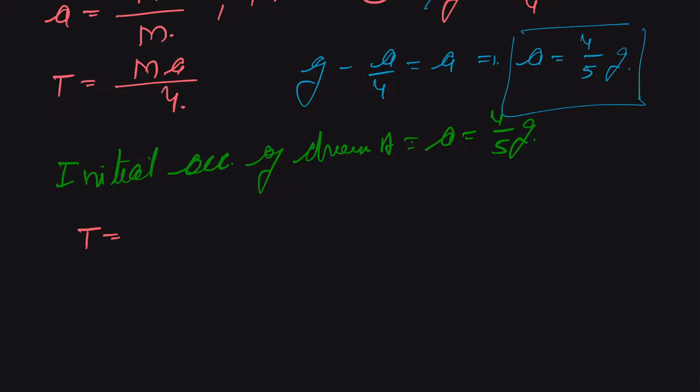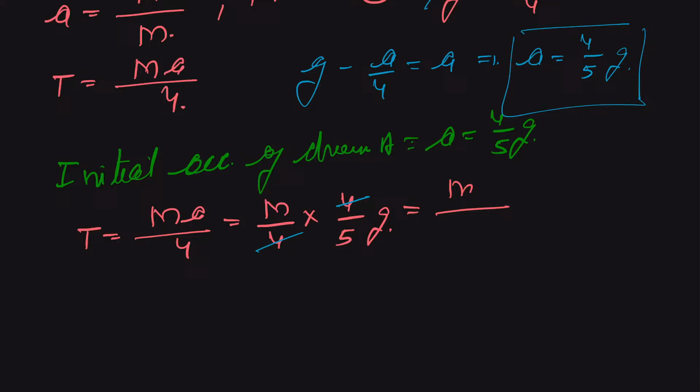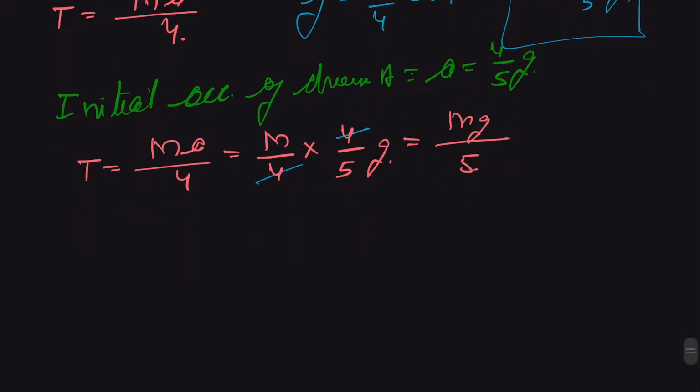Tension T is equal to, we know it is ma divided by 4. So we substitute our a, and this comes as m upon 4, and a is 4 by 5 times g. And here 4 and 4 cancel out. So this comes as mg upon 5.